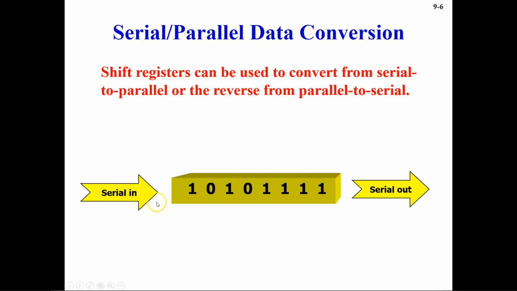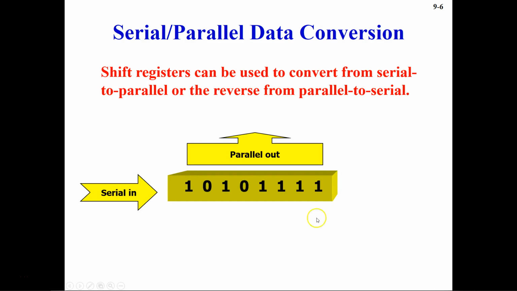You can see this is going in as serial in, and this is coming out as serial out. If your data is moving in this direction, then you will say it is a serial in serial out type. And then you have serial in and parallel out. So you are sending the data in series, and then you are taking the data in a parallel form.